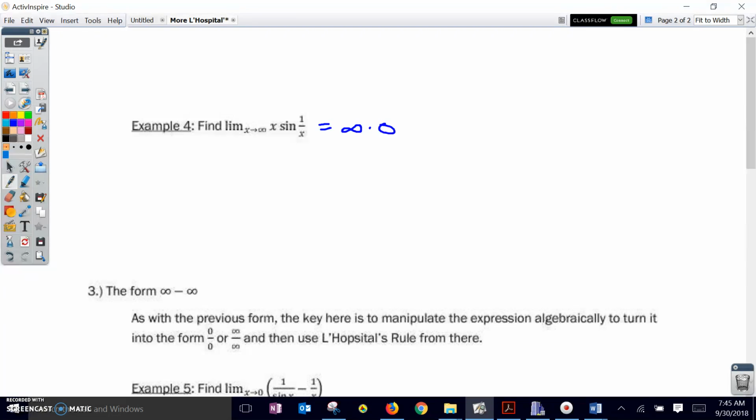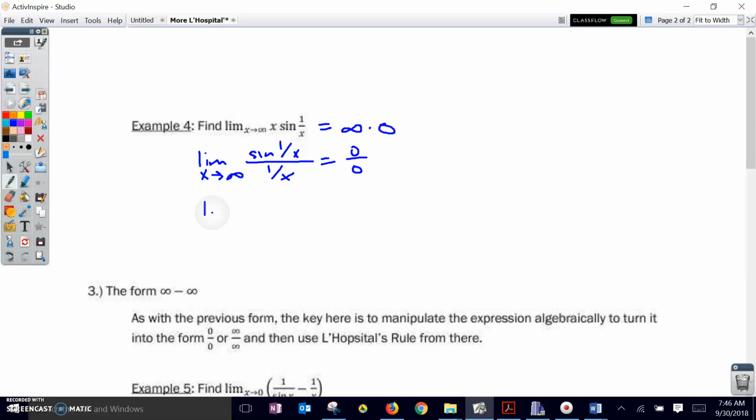So I'm going to manipulate this to turn it into something of the form either infinity over infinity or 0 over 0. I can't really do anything with the sine function, so I'm going to change this into the limit as x goes to infinity of sine of 1 over x, and multiplying by x is the same thing as dividing by 1 over x. And so it's now a 0 over 0 form.